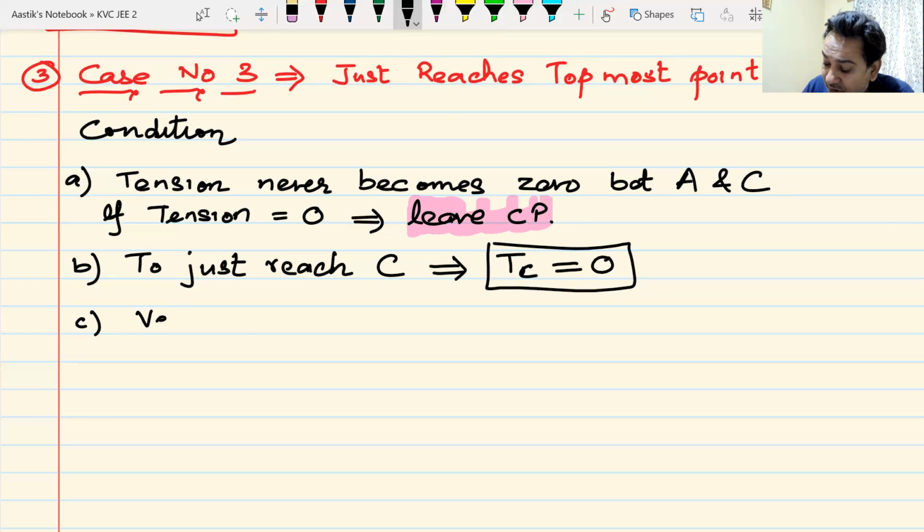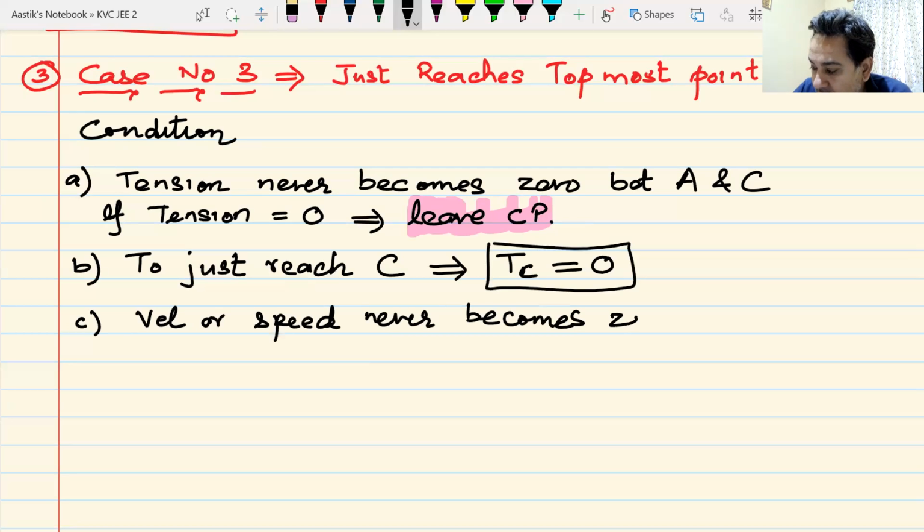The second condition: velocity or speed never becomes 0 between A and C. If velocity becomes 0, it will stop somewhere.